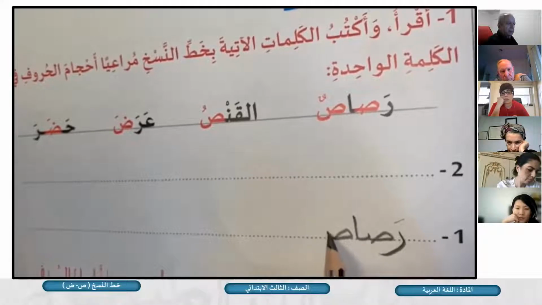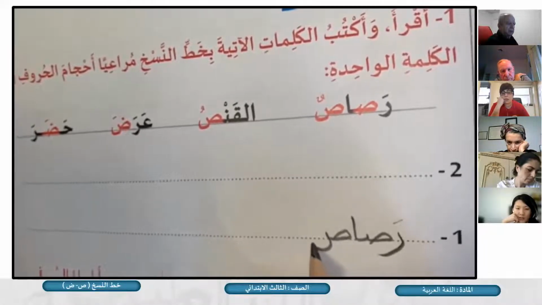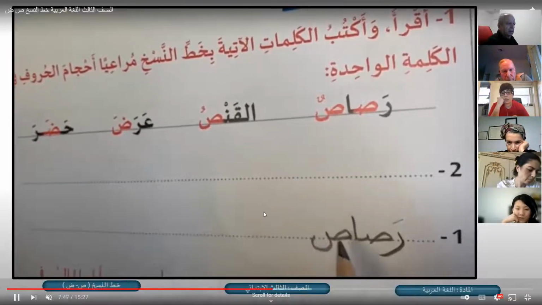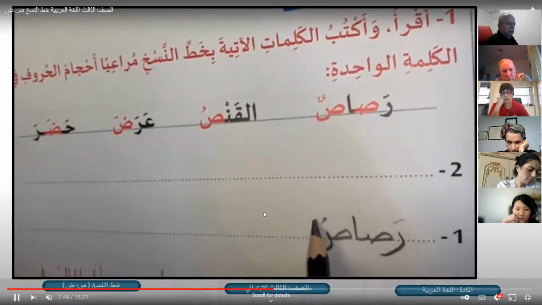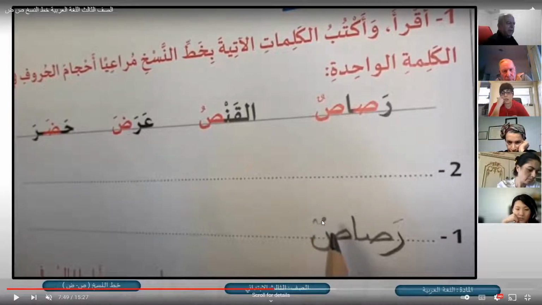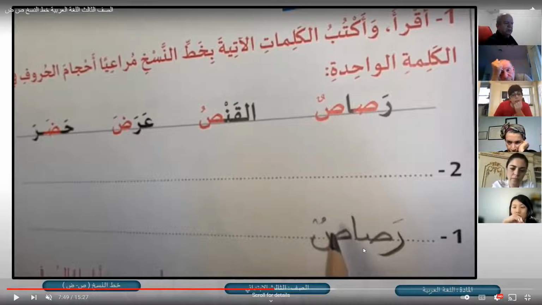You see how it is written? Okay, forget about this one, this thing, and let's say there's a fatha on the sa. Who would like to try to read this word?